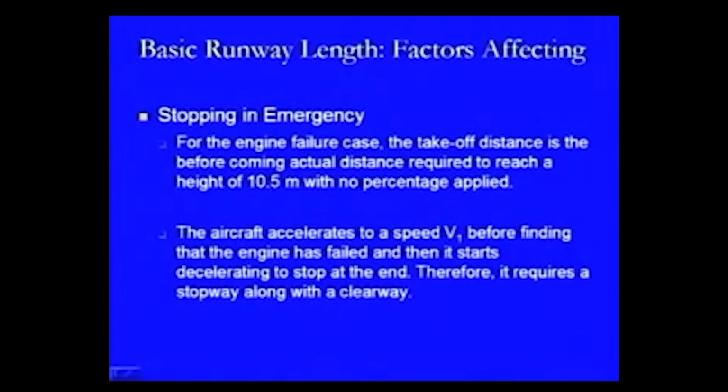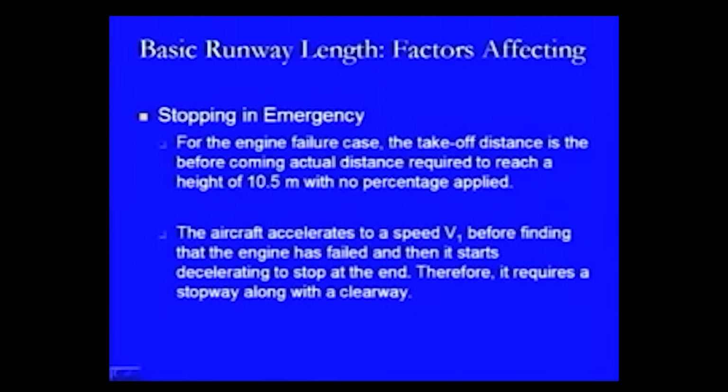The other case is when the engine failure occurs and the aircraft has started taking off and is reaching a height of 10.5 meters. Here, without applying any percentages, we have to find out the actual overall length which needs to be provided so as to stop the vehicle without creating any problem for safety.